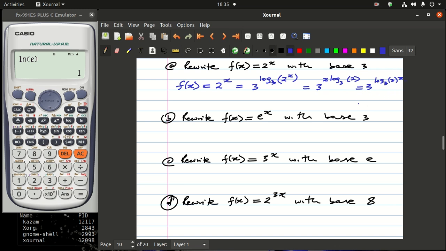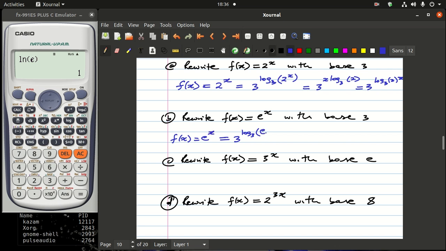And the same thing here, I have my f of x, which is equal to 2 to the power x, is equal to, I want base 3 here. Of course, I am going to have 3 raised to log base 3 of, I want to cancel this 3 that I've placed here. I have a 3 there, and then, no, I wanted e here. So this one was supposed to be e to the power x.